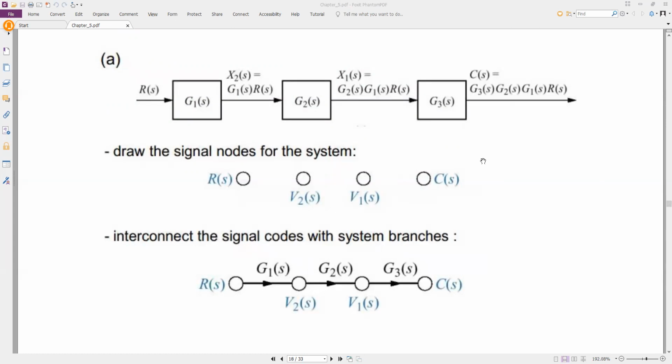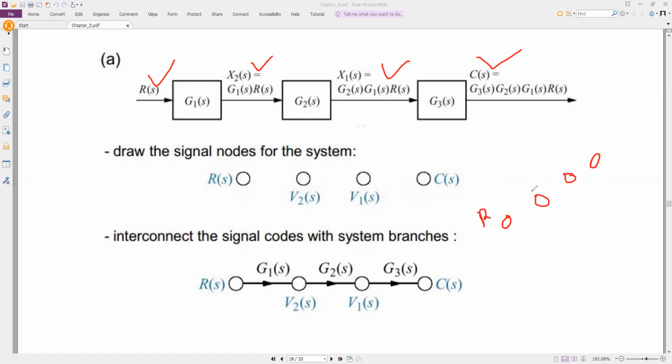See, first of all, you need to identify the nodes. How many nodes are there? That is 1, 2, 3, 4. So just put 4. These are the nodes and systems.